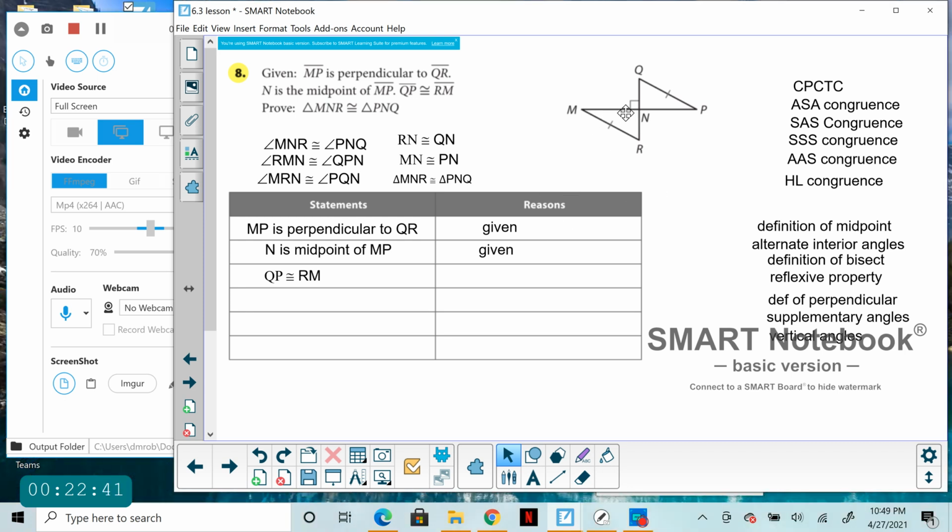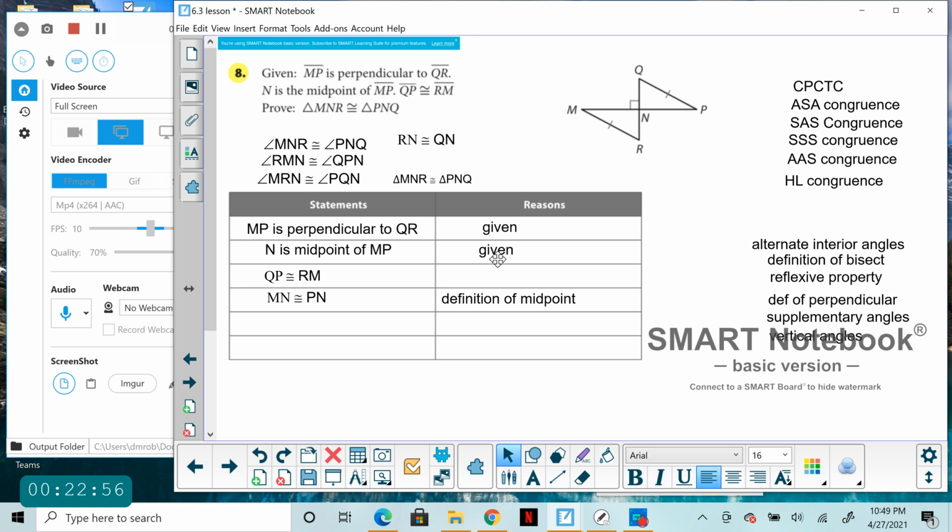N is the midpoint of MP. So we could say MN is congruent to PN. This is the definition of midpoint. Oh, looks like I forgot one of my little things, so this is given. Forgot one of my reasons.